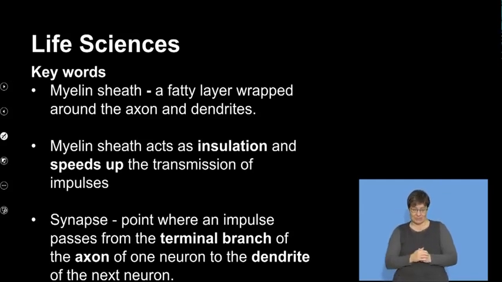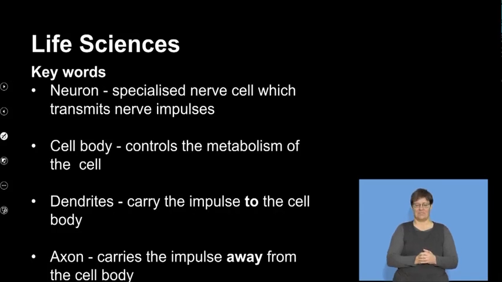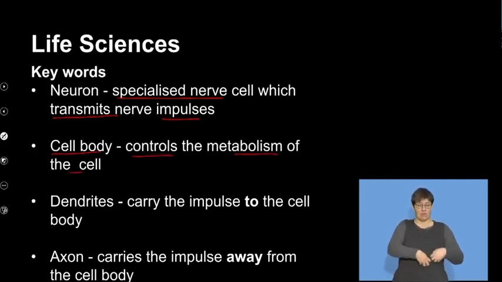So we've got other keywords there, myelin sheath. We talked about that when we started. Neuron: that is a specialized nerve cell which transmits the impulse. The cell body controls the metabolism of the cell.